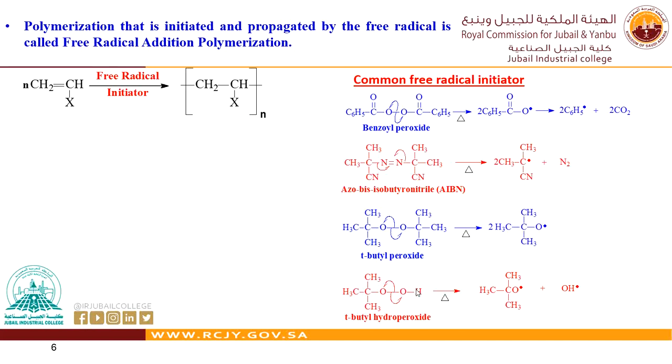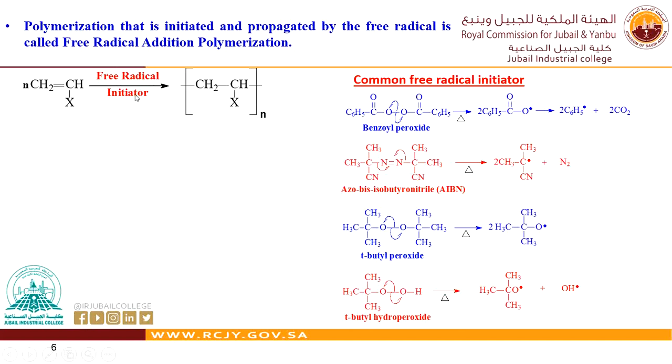So these are the common free radical initiators, but of course in the industry, they have different types of initiators depending on the type of material that they are going to produce. So here we have a monomer that will undergo free radical addition polymerization to give a polymer.